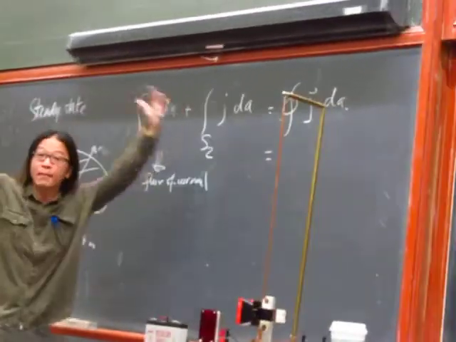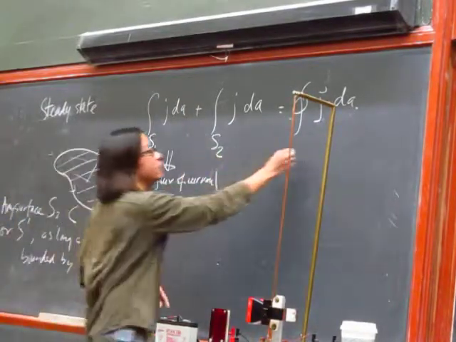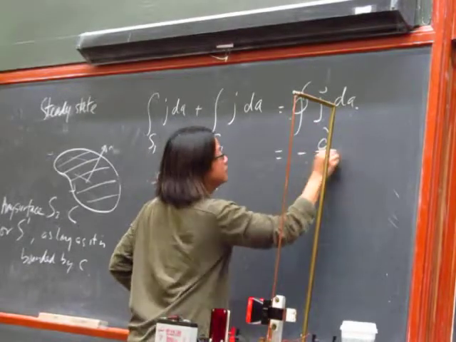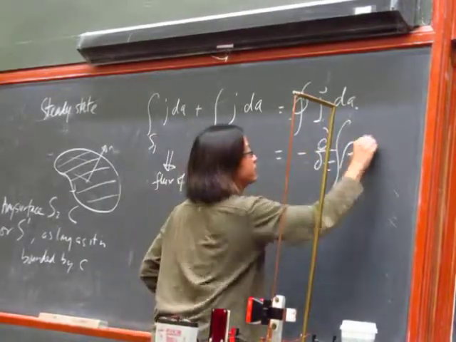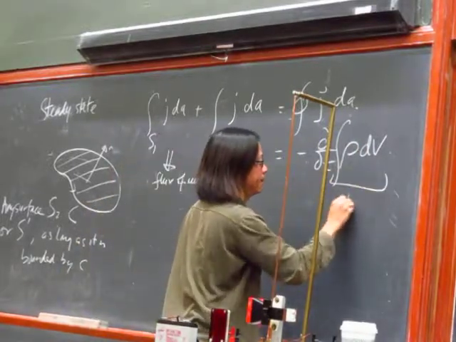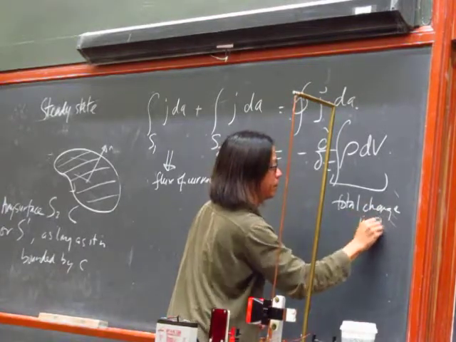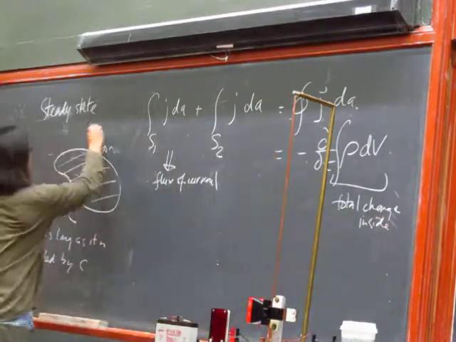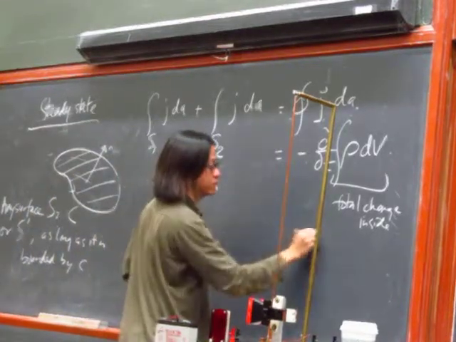This is all the flux that comes out from a closed volume, which has to be equal to minus d/dt times the integral of the total charge inside. And in the situation when you have a steady state, this time derivative is equal to 0.